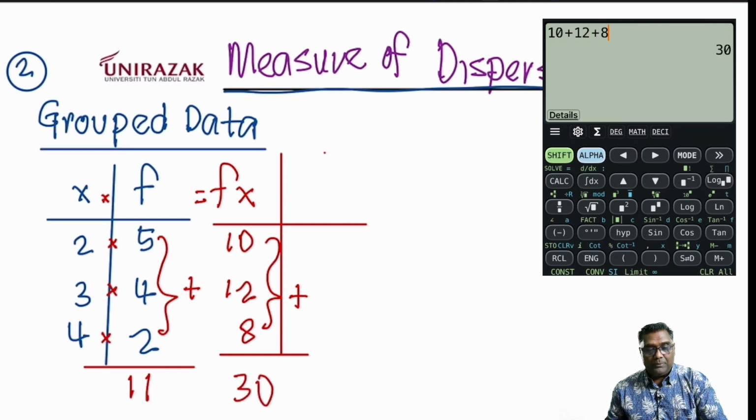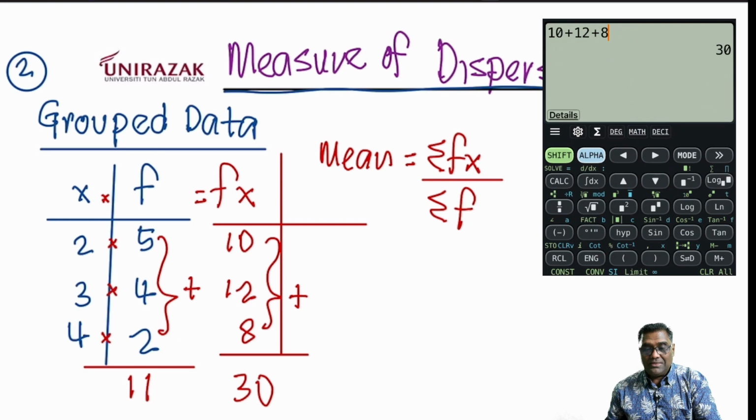So what is the formula to find the mean? The mean formula is sum of fx divided by sum of f. So where is the sum of fx? This is the sum of fx. Where is the sum of f? This is the sum of f.